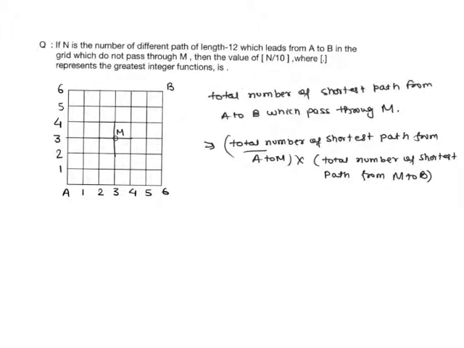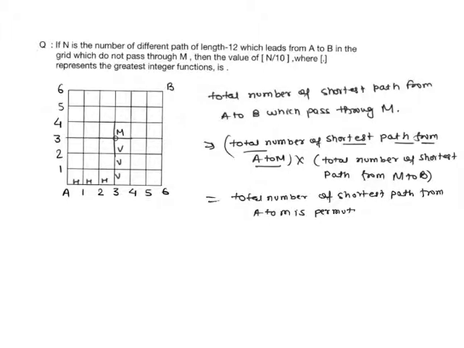So the total number of shortest paths from A to M. So A to M we can go by horizontal, horizontal, horizontal, then vertical, vertical, vertical. So the total number of shortest paths from A to M is permutation of 3 H's and 3 V's. Now the total number of shortest paths from M to B. So M to B we can go by horizontal, horizontal, horizontal, vertical, vertical, vertical.